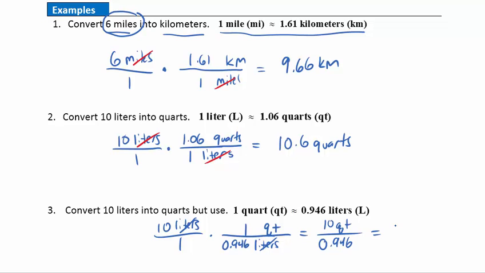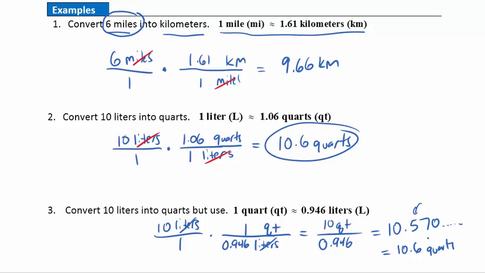That gives me a decimal answer, 10.570, and it continues on. But I want to round this, so let's round to the tenths place, and I'll get 10.6 quarts. And that's the same as what I got up here.